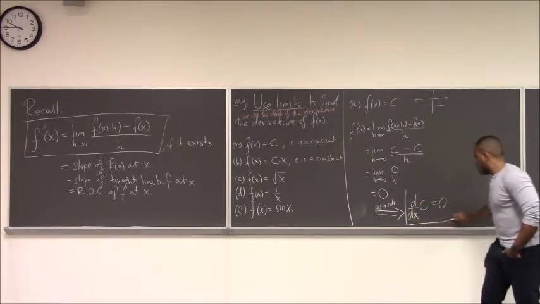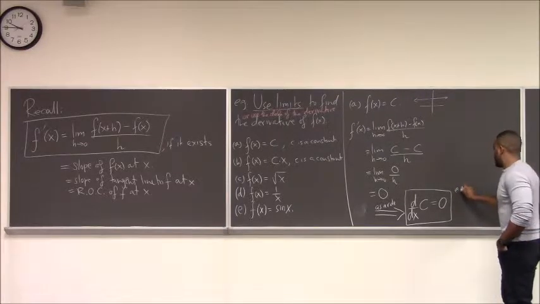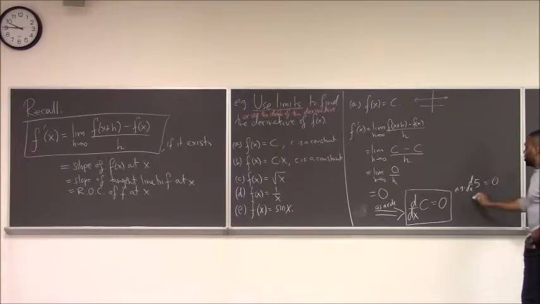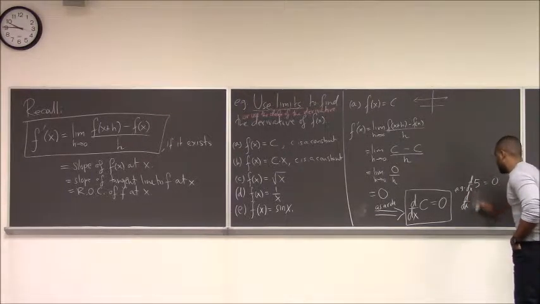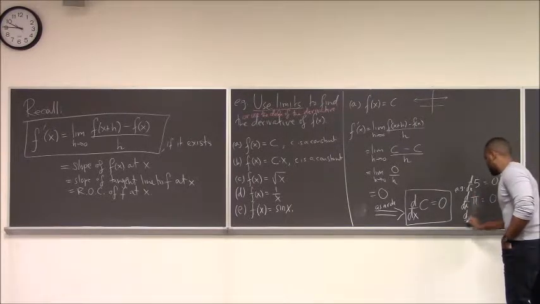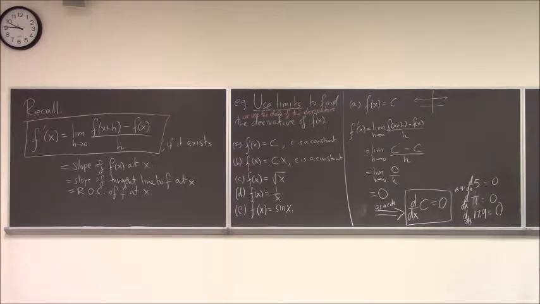And you can take that as just something you know now. So, for example, if I ask you, what is the derivative of 5? Well, the answer is 0. What is the derivative of pi? Or, I was going to write e to the pi. What is the derivative of pi? It's 0. What is the derivative of 17.9? It's 0. Derivative of any constant is 0.